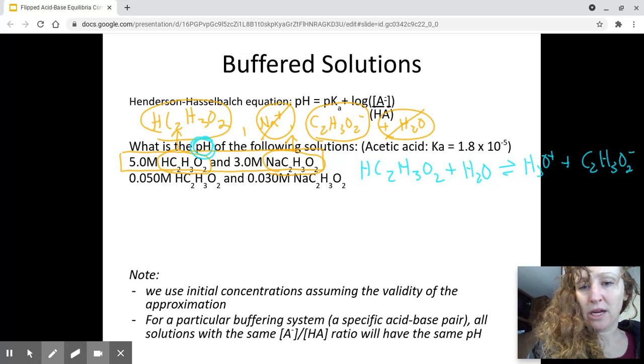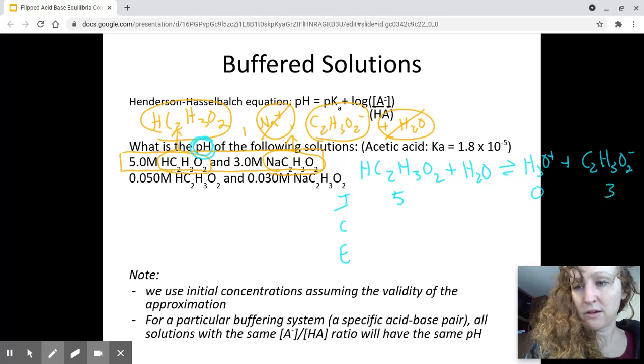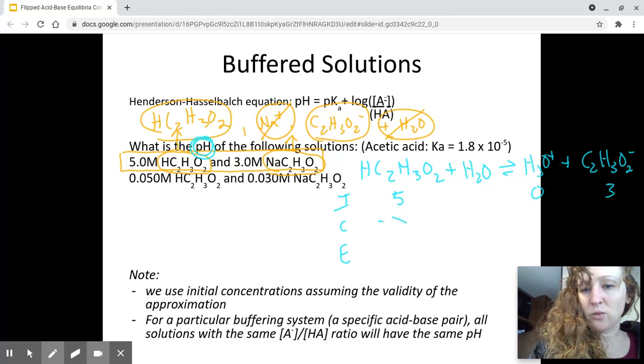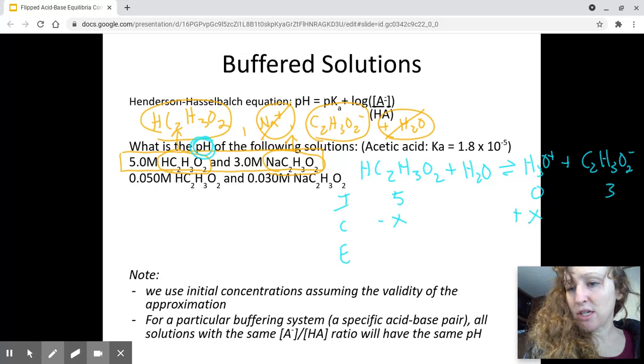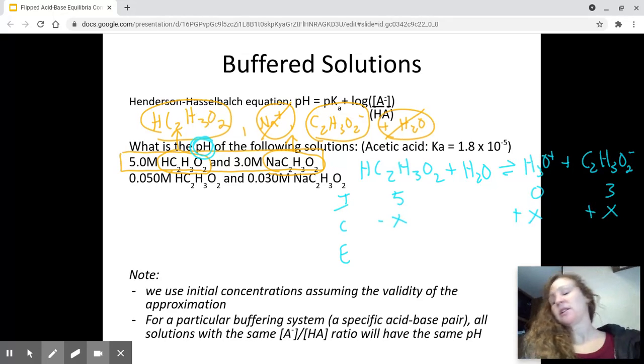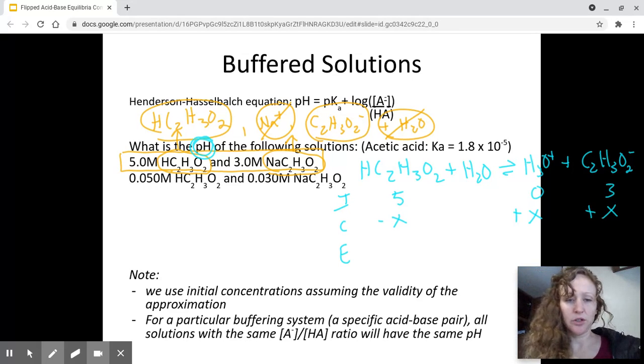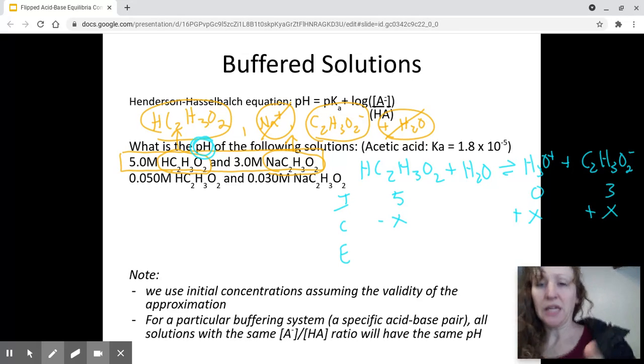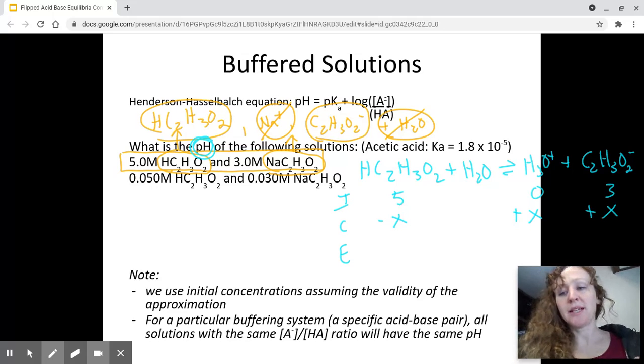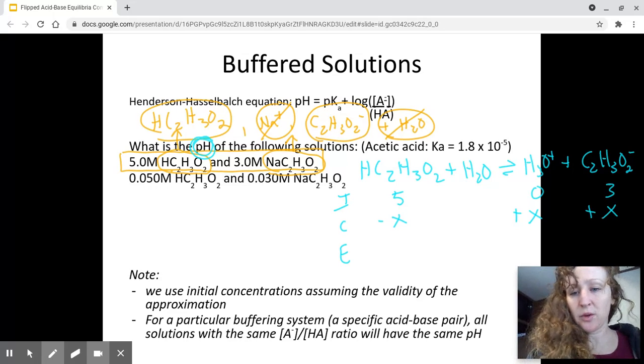And I fill in my ice chart. Weak acids and weak bases, I don't know what the change is. I have to use X. I considered Q. Q is 0. My equilibrium will go towards reactants in order to match my K equation.